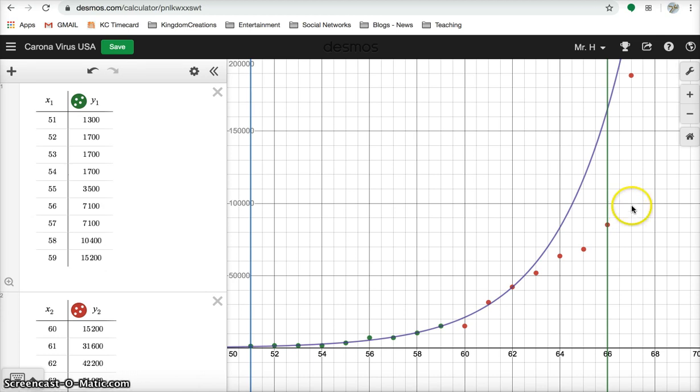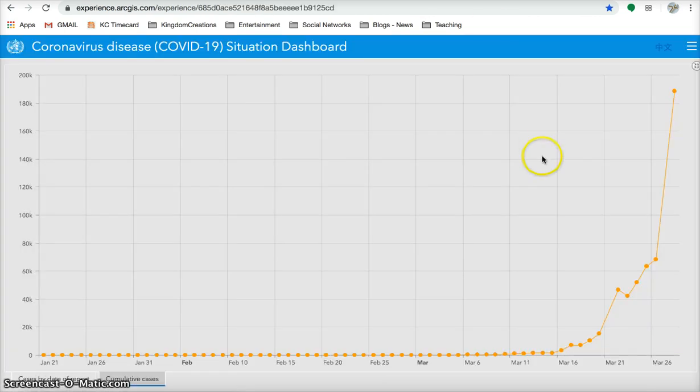But then what actually happened in the data from the World Health Organization is the next day there were 188,500 cases. So here is the official data that we were looking at, and you see this curve here that we were modeling that then had an enormous spike up to here.